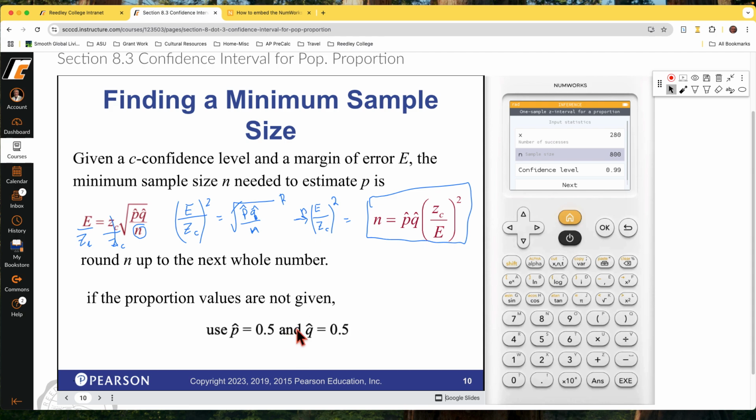It gives us an estimate of what our sample size should be. We go out and do it. We might have to do it a couple of times, but if they don't give it to us, this is the best place to start, kind of in the middle, and do a sort of guess and check. So we're going to look at two questions, one where they give it to us, one where they don't, and see how we can calculate the sample size.